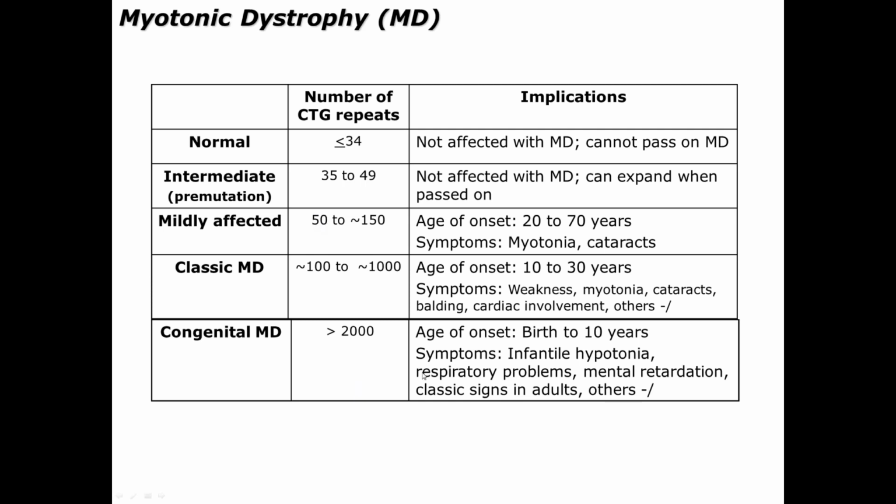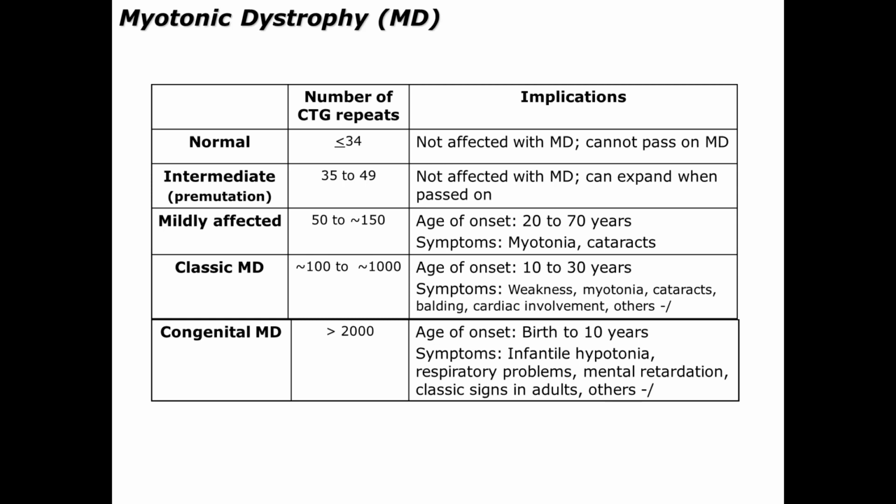But her chances are going to be less than, say, a woman who has 850 repeats. Because the woman with 850 repeats starts off with more repeats in her gene, that makes that particular gene more unstable than the gene that had the 50 in it.